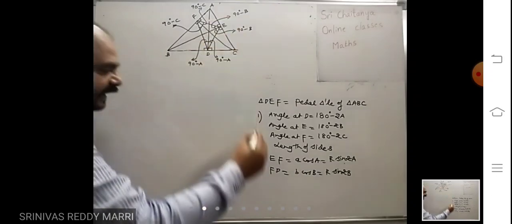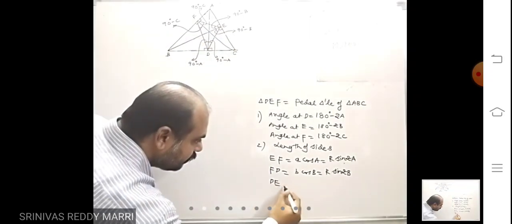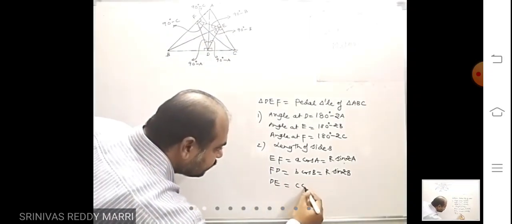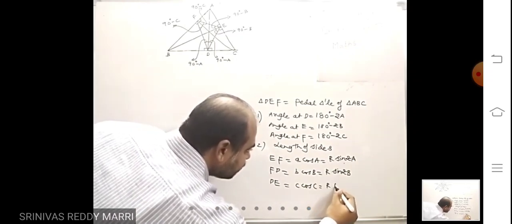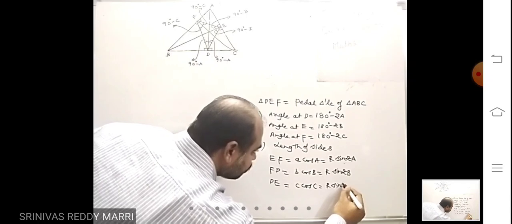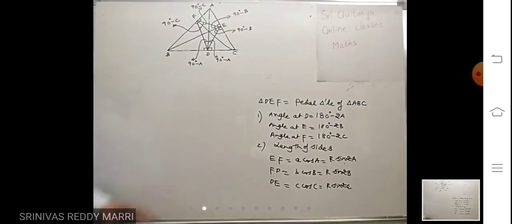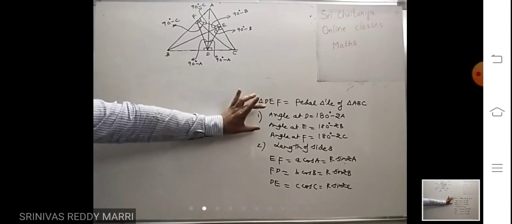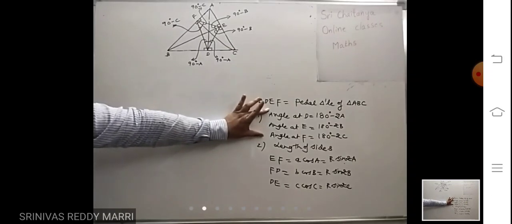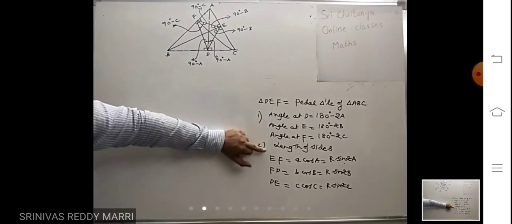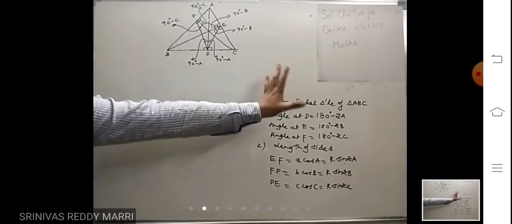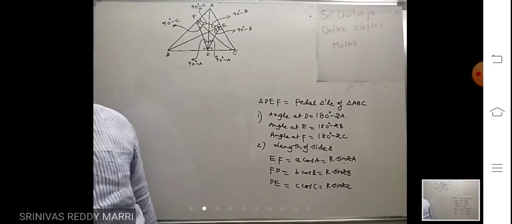So next, the DE side is nothing but c cos C. So this is R sin 2C. Right. Whenever the pedal triangle is given, you remember these angles: angle at D, angle at E, angle at F, and the side lengths. If you remember this, you will get one comprehension in the exam.